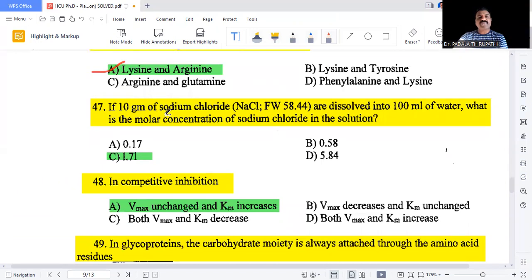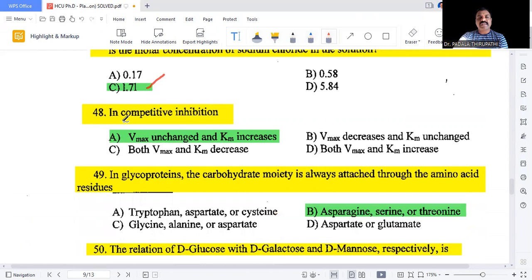Then if 10 gram of sodium chloride, NaCl, FW 58.44, is dissolved in 100 ml of water, what is the molar concentration of the sodium chloride in the solution? That is 0.71. In competitive inhibition, Vmax is unchanged and Km is increased. Very, very important, my dear friends.